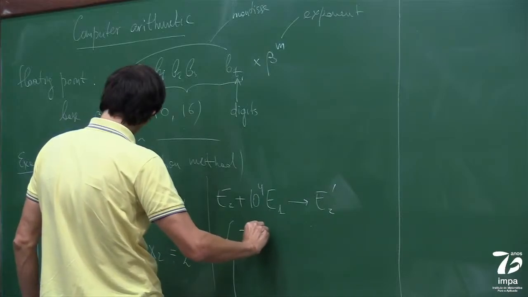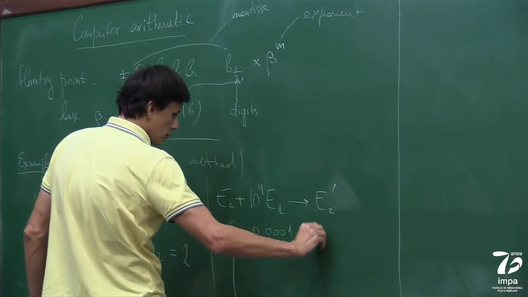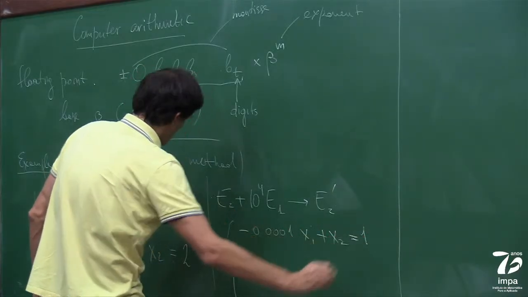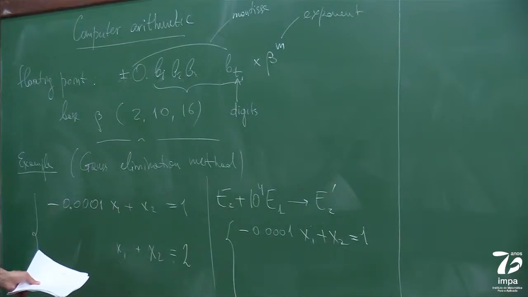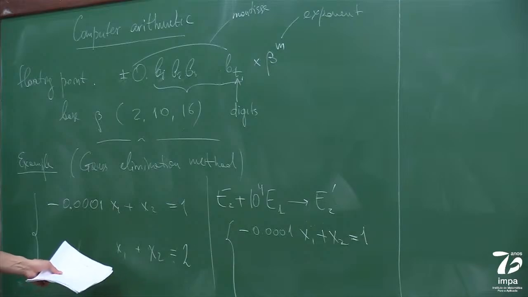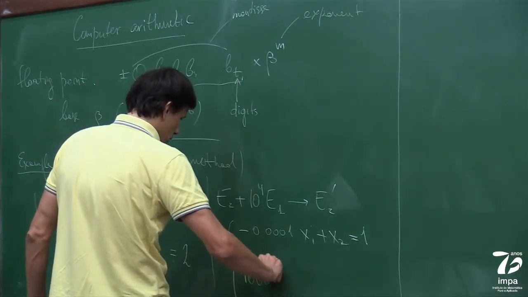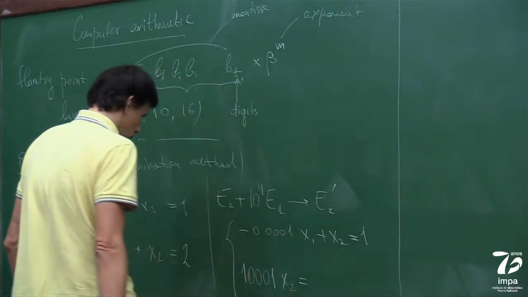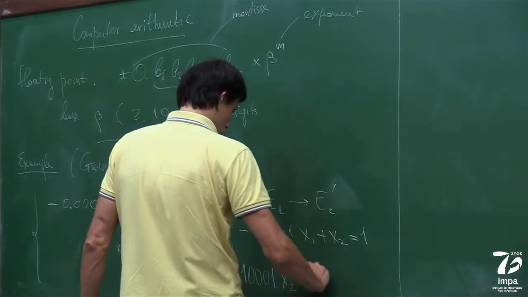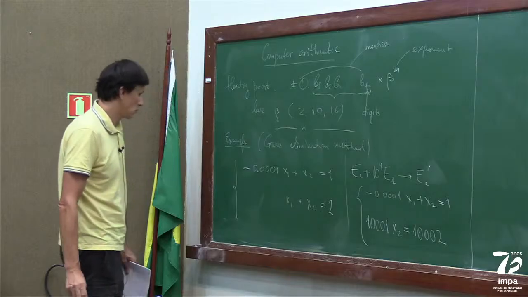So the resulting system will be like this. The first equation remains. And in the second equation, the first term cancels, and in the second position you will have 10,001 x2 equal 10,002, right?